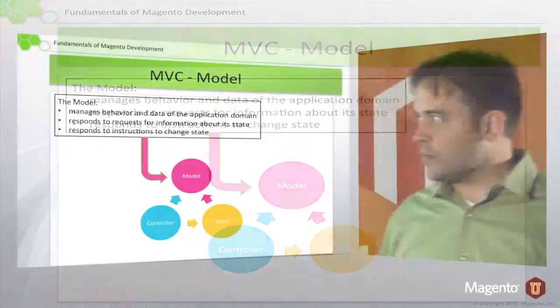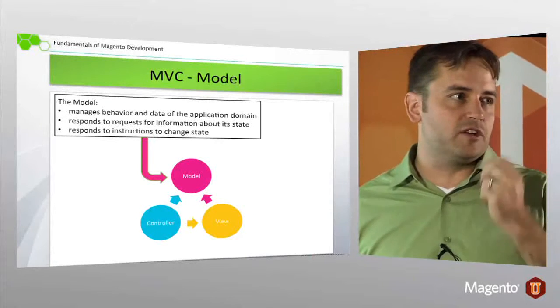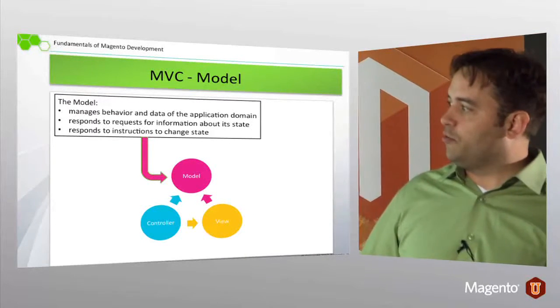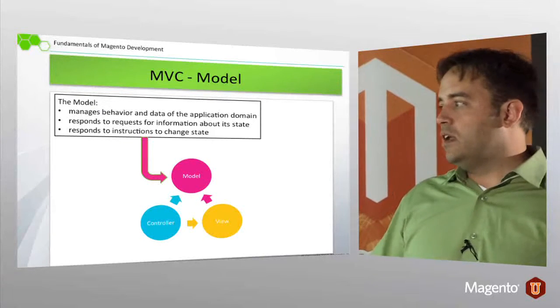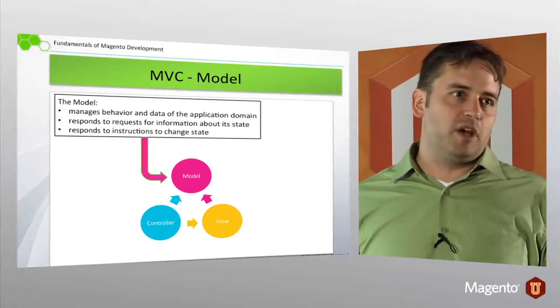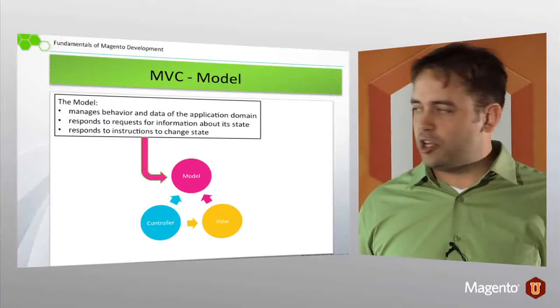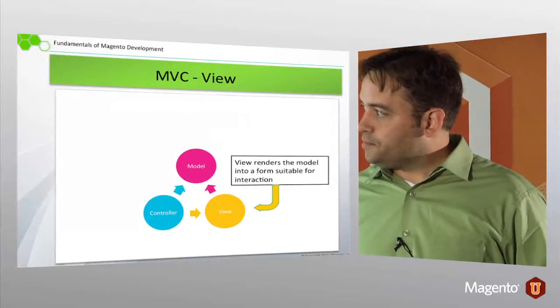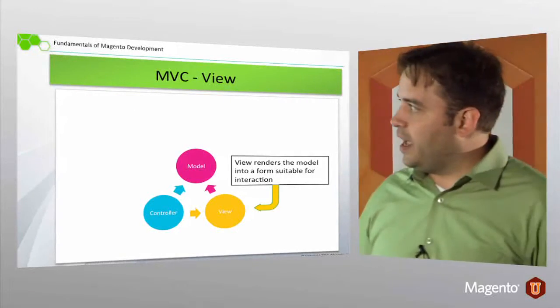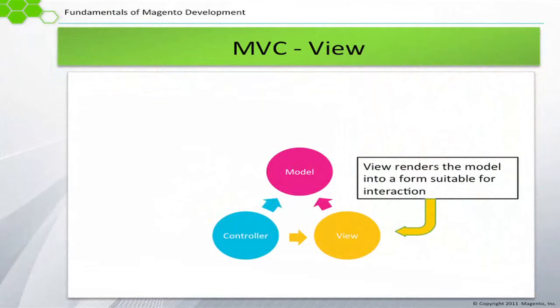The model actually has a few different layers in Magento, and we will touch on all of that. But the thing to remember here for MVC and Magento is that the request hits the controller, then the controller, through layout XML or directly in the controller, we'll show you both ways, the blocks of the view are called in a scope, and they will set up the models that they need.